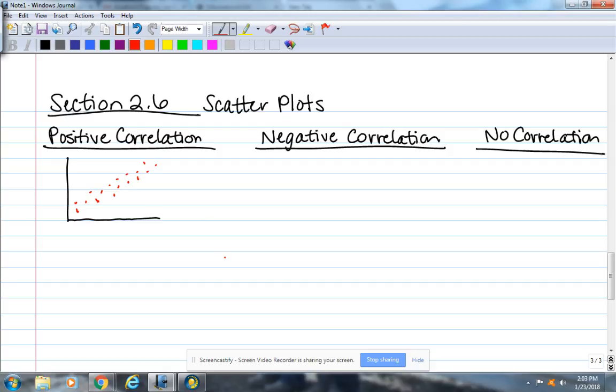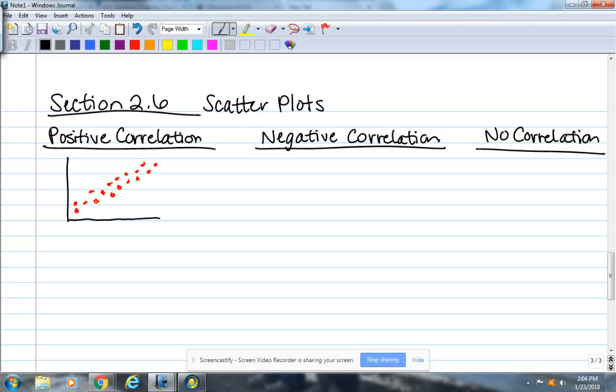I know my dots are really small and faint. I guess I should make them fatter. If the trend in the data looks like it's going upwards from left to right, like if I drew a line through the middle of the data and it would have a positive slope, then that is said to have a positive correlation. So if the data trend looks like it's going upwards from left to right, then we have a positive correlation scatter plot.